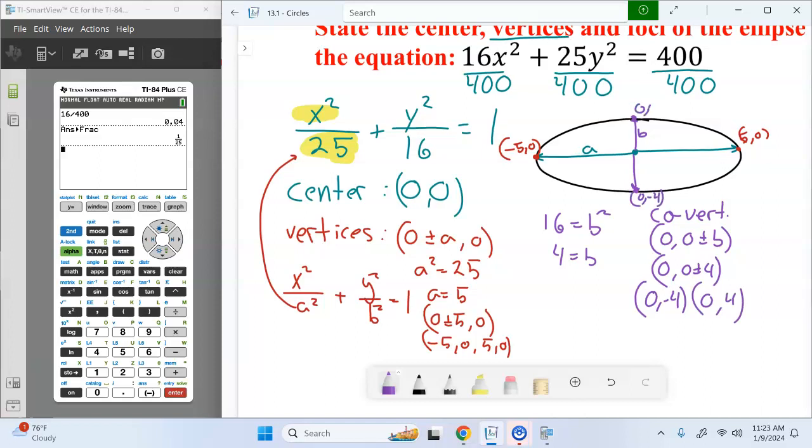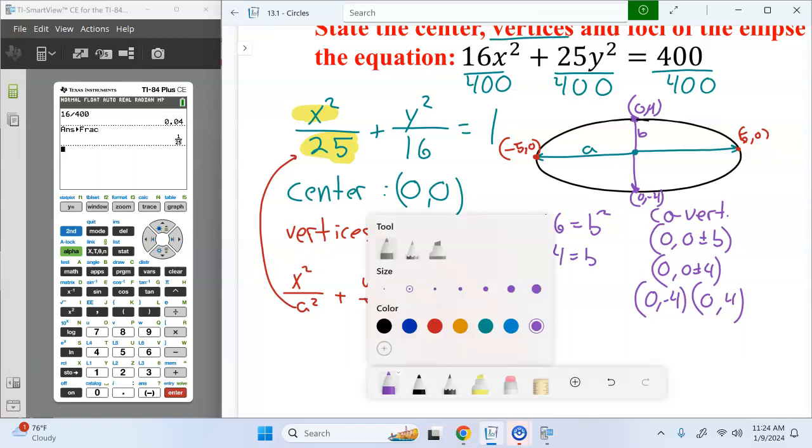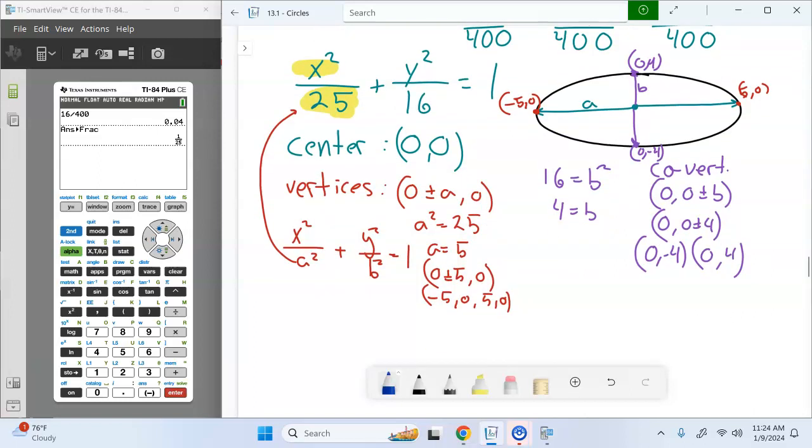Okay, so we've got our center, we've got our vertices. Now we just need our foci. What letter do we use to find our foci? C. So for our Pythagorean relation, it's not exactly the Pythagorean theorem, it's the Pythagorean relation: B squared plus C squared equals A squared.